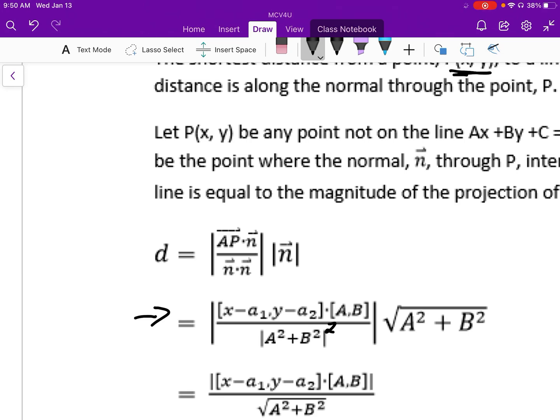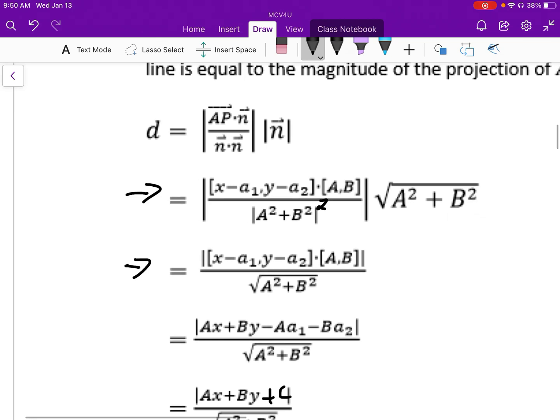Now in this next line, all we're doing is some reductions. The magnitudes are positive magnitudes. You've got the magnitude at the bottom squared times the magnitude at the top, so we reduce down and end up with just a single magnitude at the bottom.